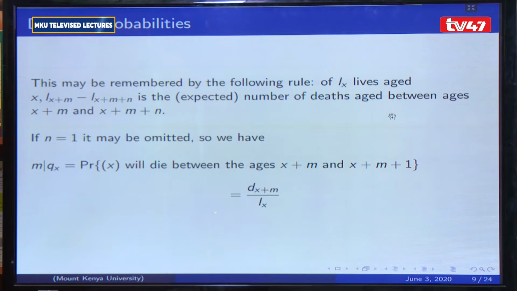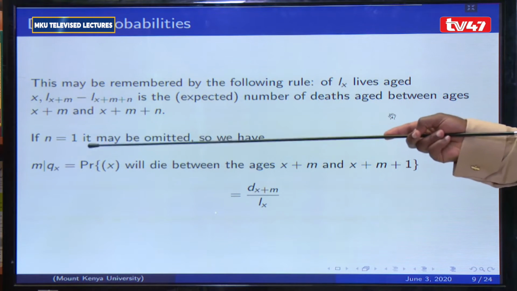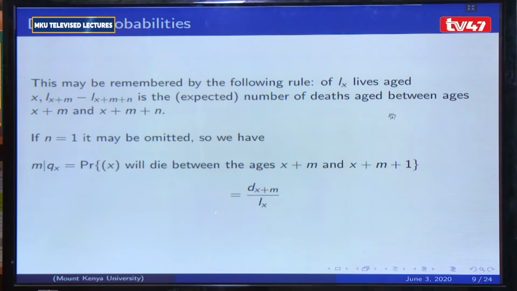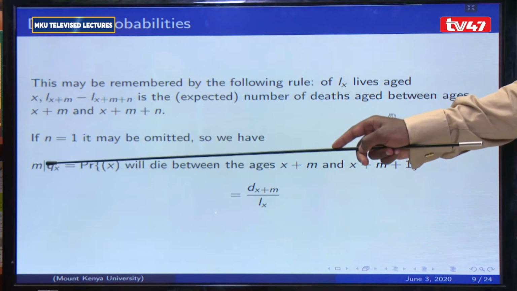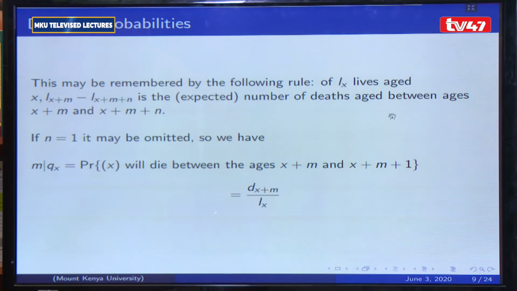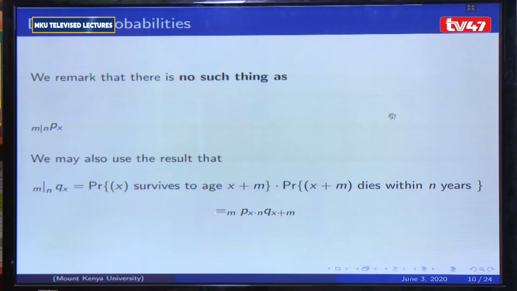We have in the numerator l subscript x plus m minus l x plus m plus n, all over l x. This may be remembered by following this rule: of l x lives aged x, l x plus m minus l x plus m plus n is the expected number of deaths between ages x plus m and x plus m plus n. If n is 1, just like in the previous cases, we normally omit the 1 and simply write the probability that x will die between ages x plus m and x plus m plus 1. It is simply d x plus m over l x.